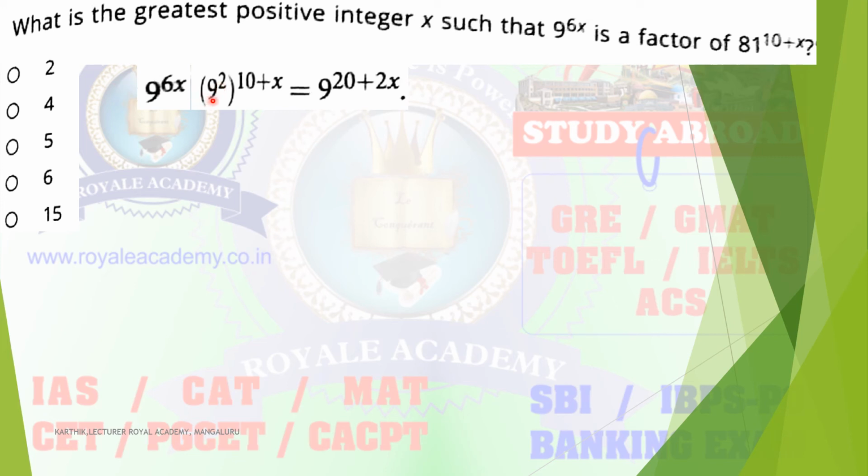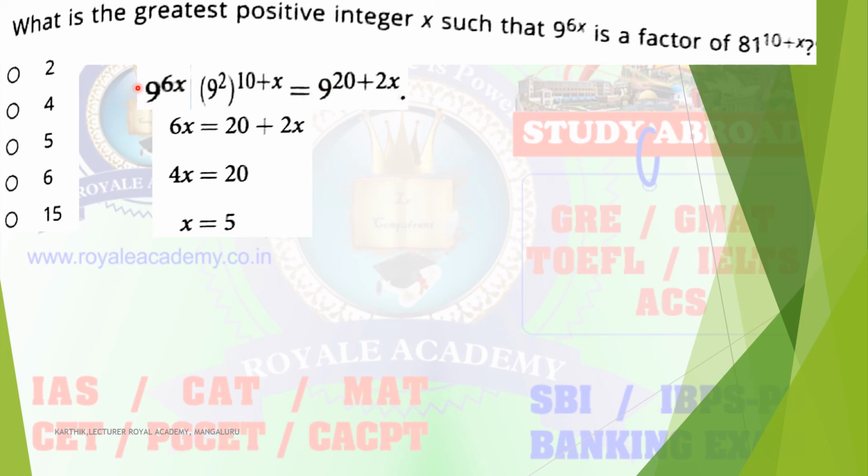Once you write 9 to the power of 2, you just multiply the exponents: 2 into 10 is 20, plus 2x. That is 9 to the power of 20 plus 2x. One side is 9 to the power of 6x, the second side is 9 to the power of 20 plus 2x.